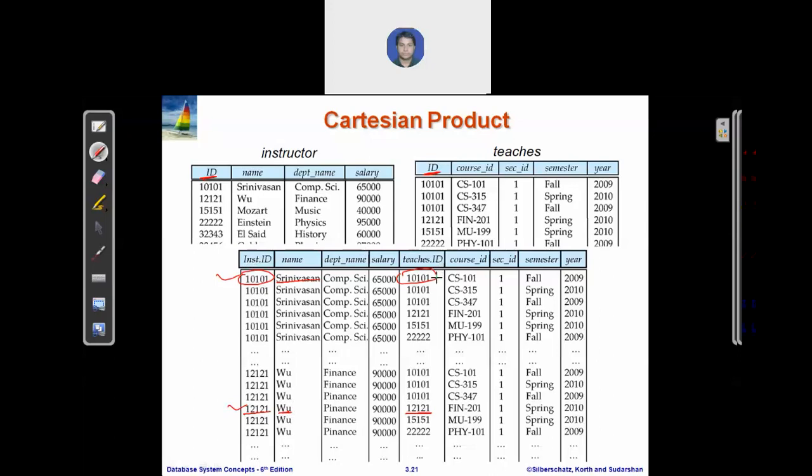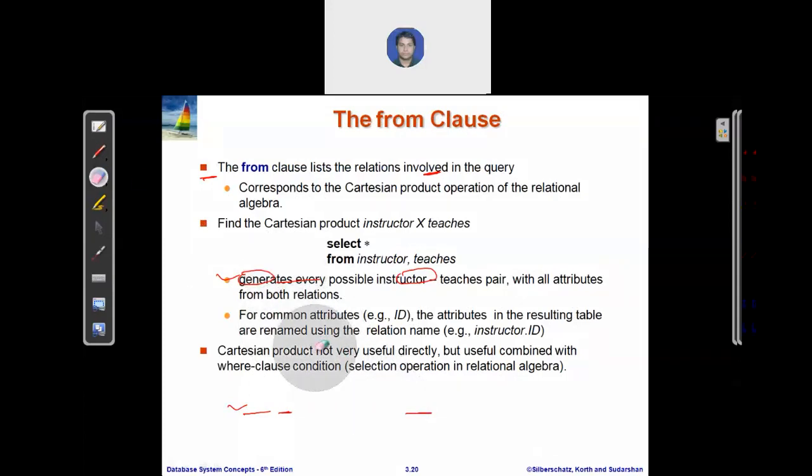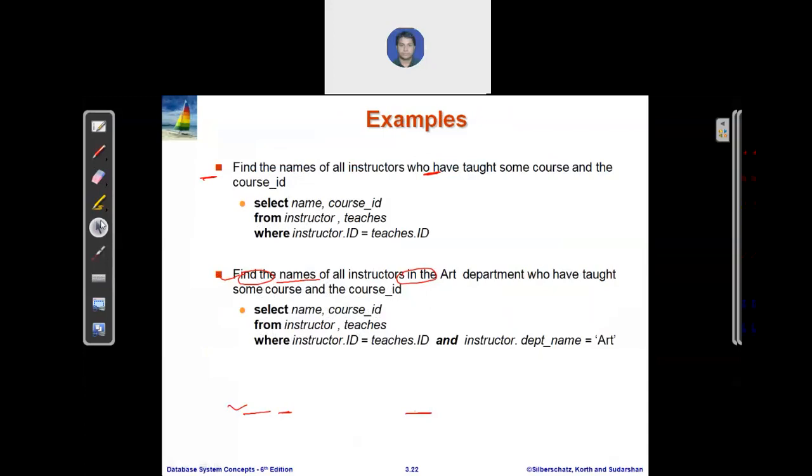Is it clear to all of you what the meaning of this query is? The query is saying remove those instructors who are not teaching any courses.